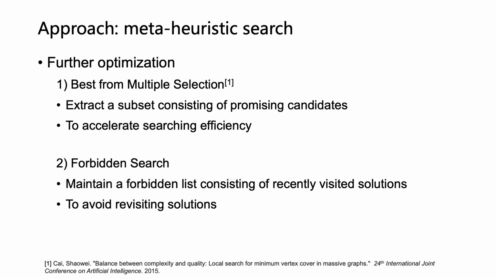Furthermore, meta-heuristic search algorithms typically suffer from the cycling problem. So, during the search, we maintain a forbidden list consisting of recently visited solutions, so we can avoid the revisiting problem.